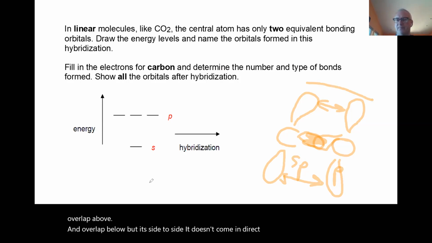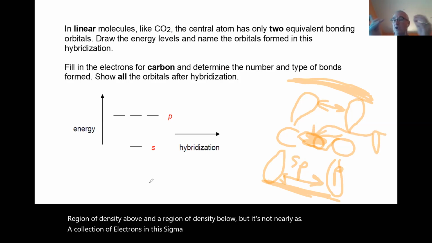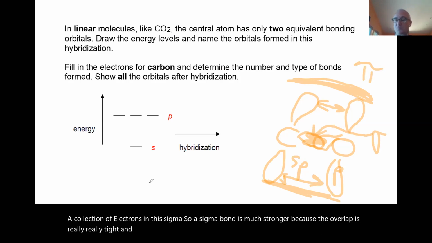So we have a region of density above and a region of density below, but it's not nearly as intense a collection of electrons as in this sigma. So a sigma bond is much stronger because the overlap is really tight. And a pi bond is weaker because the density is more diffuse. It's not as direct.